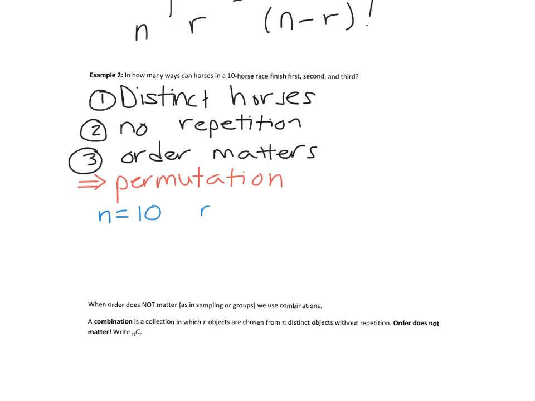How many are we going to arrange? 3, for first, second, and third place. So it's going to be 10 P 3. According to our formula, it's 10 factorial over 10 minus 3 factorial, which is 7 factorial.